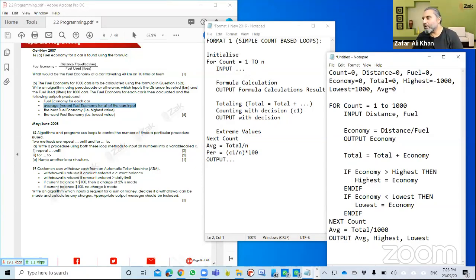Now this is your complete solution for this question of 6 marks.